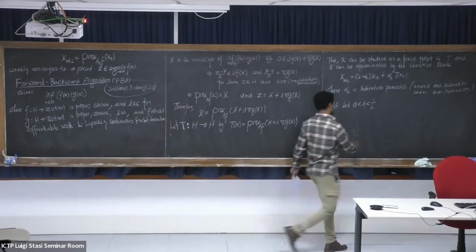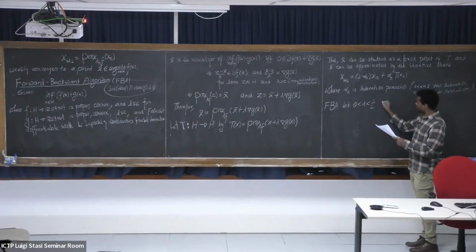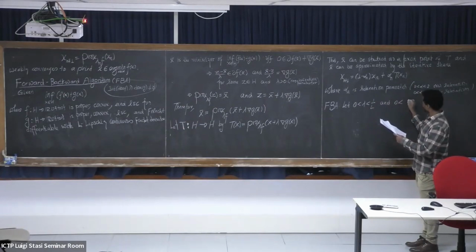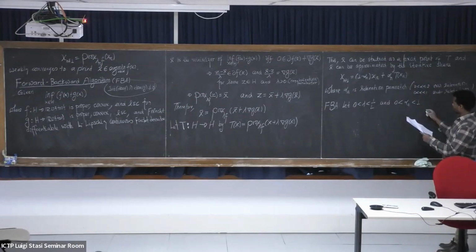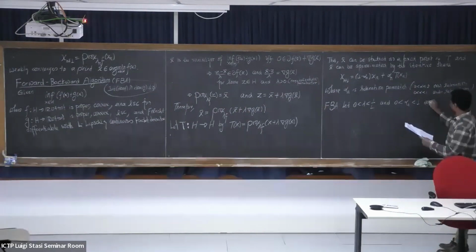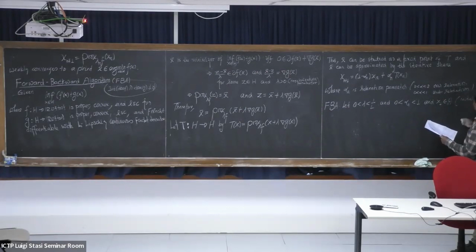If lambda is this one and 0 is less than or equal to alpha n is at most 1, that is under relaxation. And x1 is the initial guess, the initial point or the starting point.